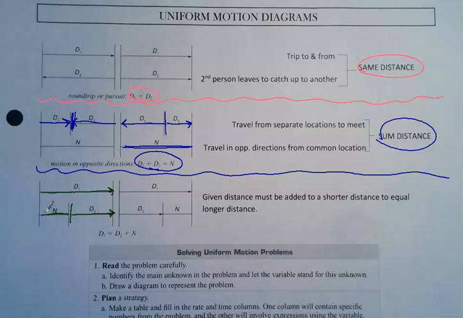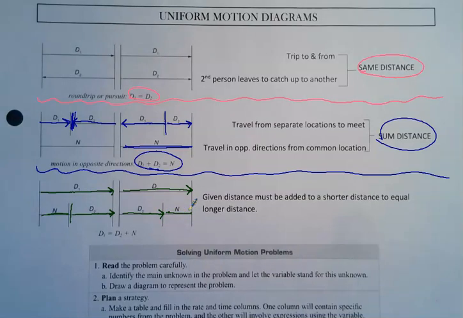It's the same setup here. It just depends on what order you're given it. You're given one long distance, and then maybe somebody drove part of the distance, and then they stopped. Maybe I left here with my kids, we drove to Columbia, and I left my kids with my mom, and how far my kids traveled was 40 miles less than what I traveled.